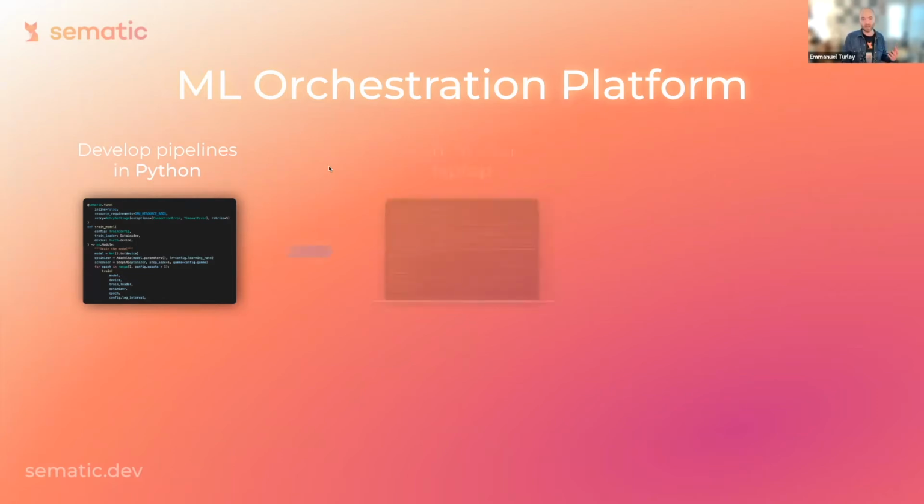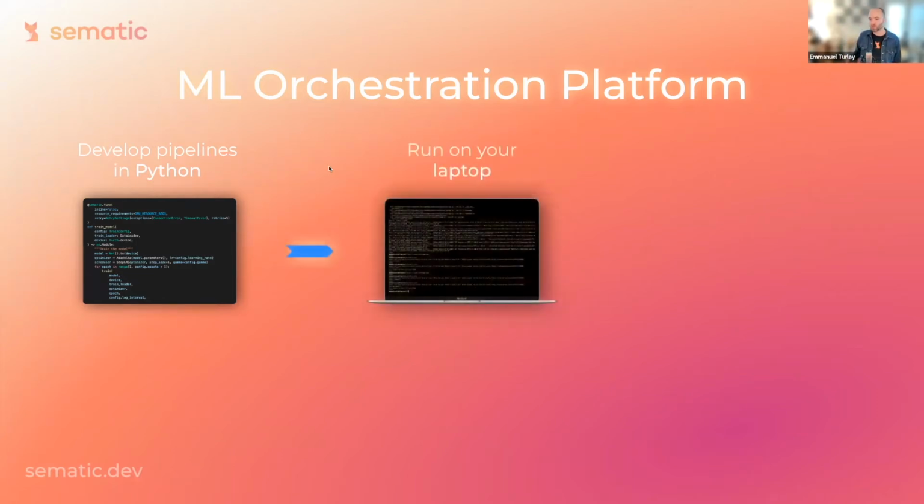Now, once you have this pipeline, you can run it on your local machine, whether it's your local laptop or a VM that you may have in the cloud. That's typically good to iterate on the pipeline, debug your code, making sure that everything looks fine. What we've seen in the past is that people will run on their laptop with a small amount of data, like maybe 1 or 10% of your data set.